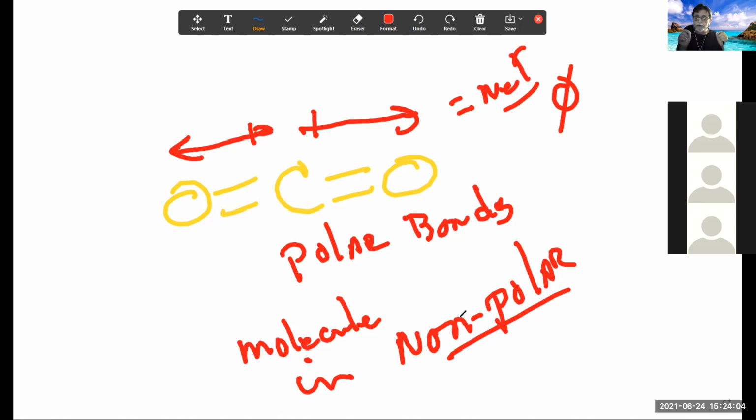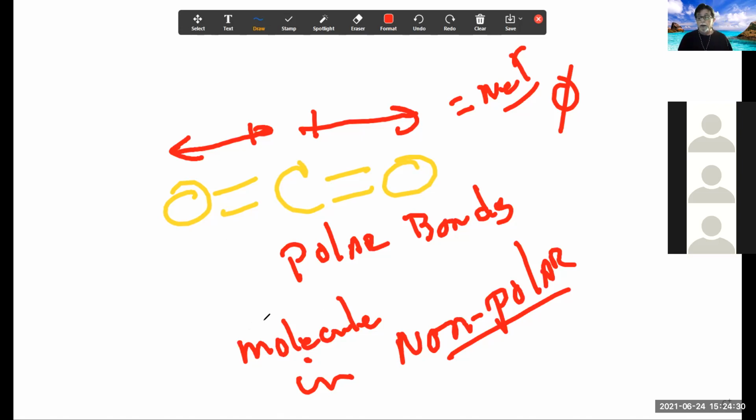If you look at the difference between the two when they make a bond, there is a range: when the difference is a certain amount, it's nonpolar; when it's a certain amount, it's polar. The difference in electronegativity between carbon and hydrogen puts it in the nonpolar range.